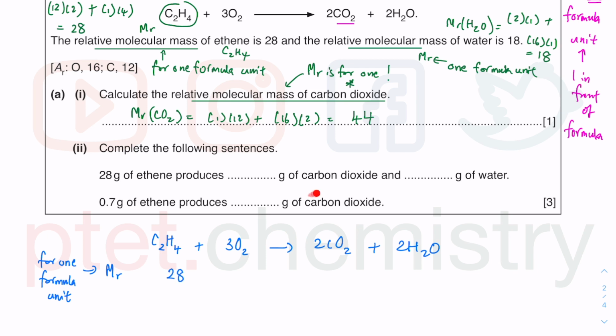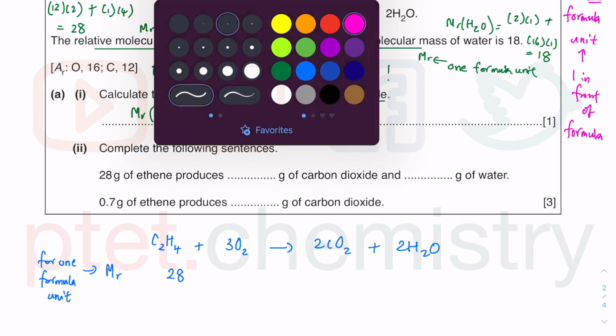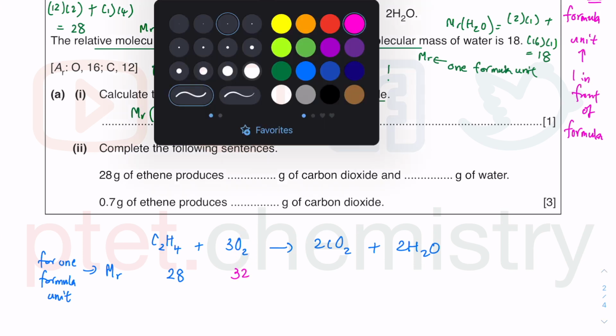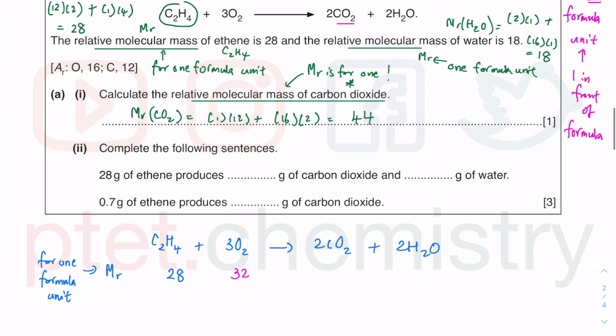And we didn't get asked anything on oxygen, so I don't really need to write anything on oxygen. But if I want, I can write it, but it will be a waste of time since they didn't ask us to. But for oxygen, it will just be 16 times 2 for 1 formula unit. So I write it in pink: 16 times 2 because the mass of each oxygen is 16. There are 2 oxygens, a diatomic molecule. CO2 is what we have just calculated, so that is 44, and H2O is given as 18.